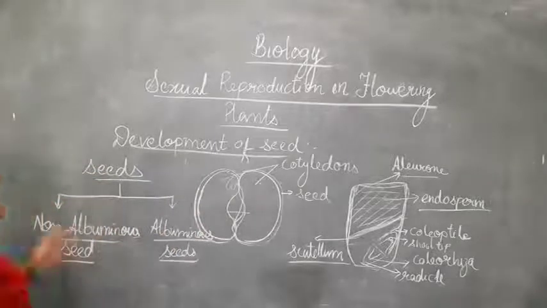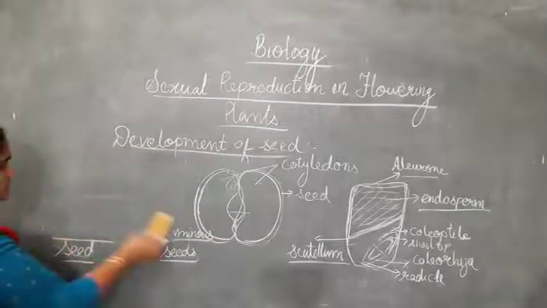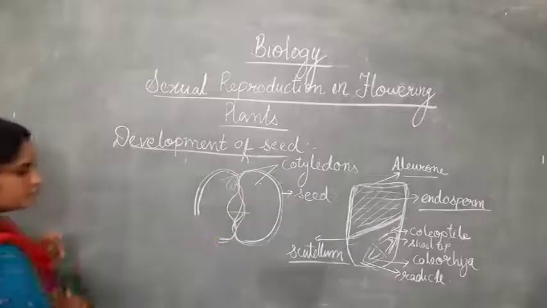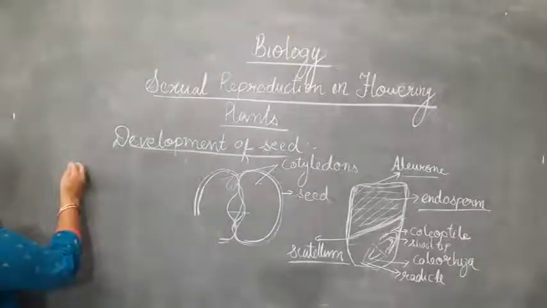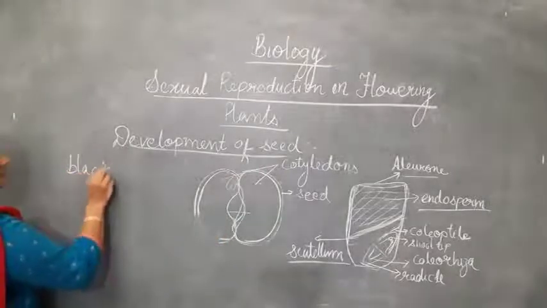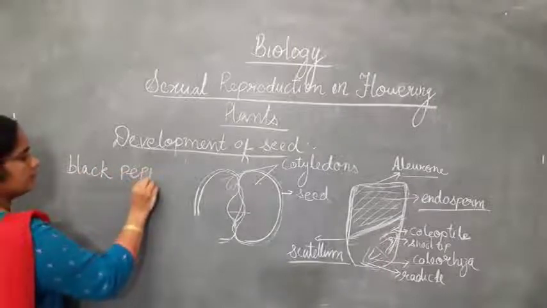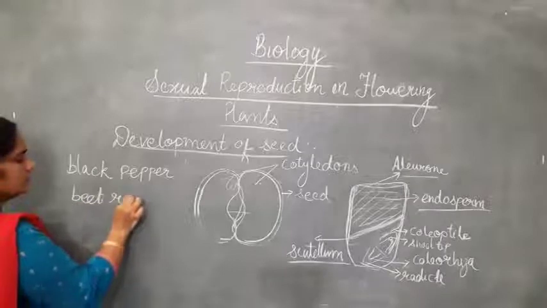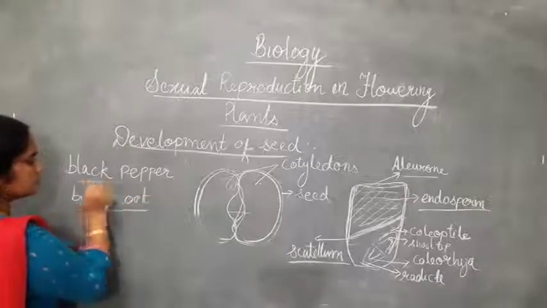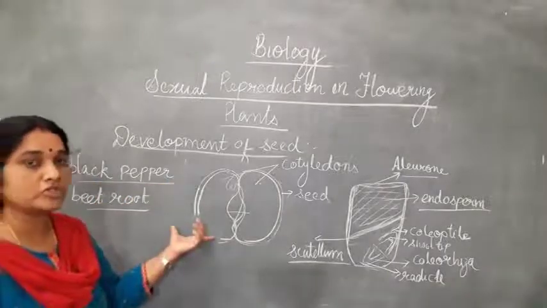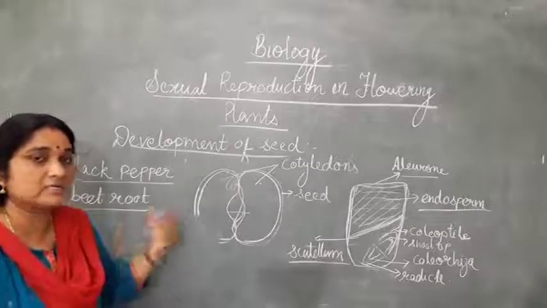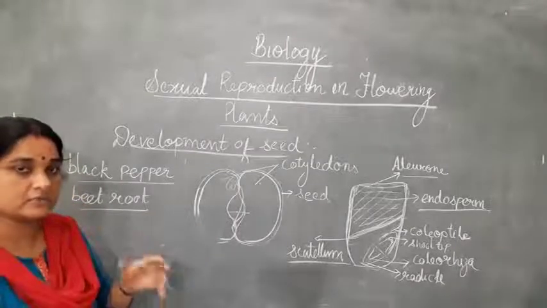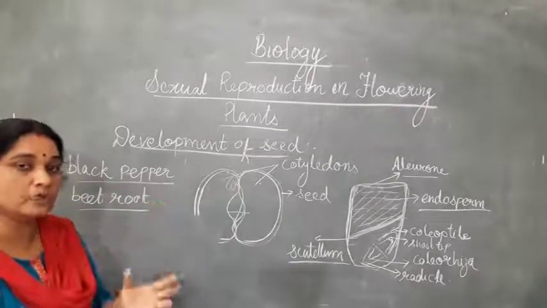Next, certain seeds, for example black pepper and beetroot, the beet varieties. You remember the nucellus which we have seen: the megaspore mother cell is surrounded by the nucellus, part of the ovule.